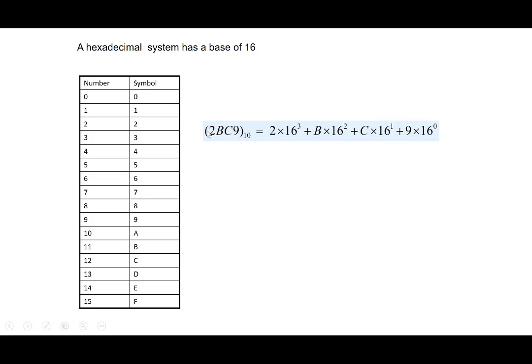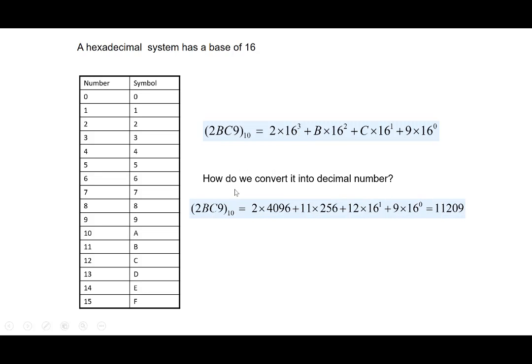So for example, a number 2BC9 to the base 16. Its value would be: the first one would be 9 times 16 to the power 0. The second one, C, is times 16 to the power 1. The third one is B, times 16 to the power 2. And 2 is times 16 to the power 3 here.